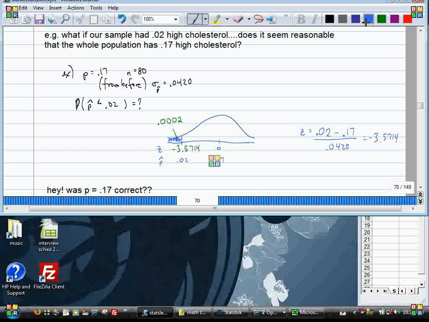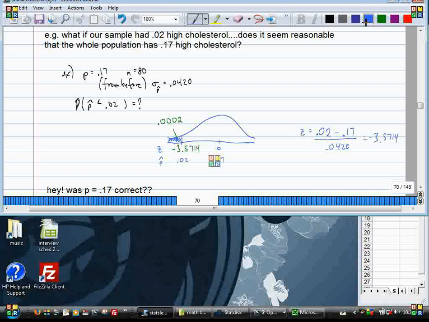It's 0.0002. That's the probability. We have a way of figuring out the probability of these things. So what's the probability that that was our sample proportion? Is that a good probability or an unlikely probability? It's incredibly unlikely.